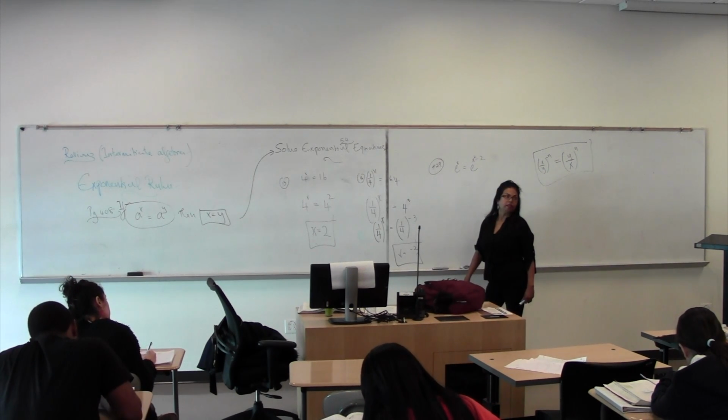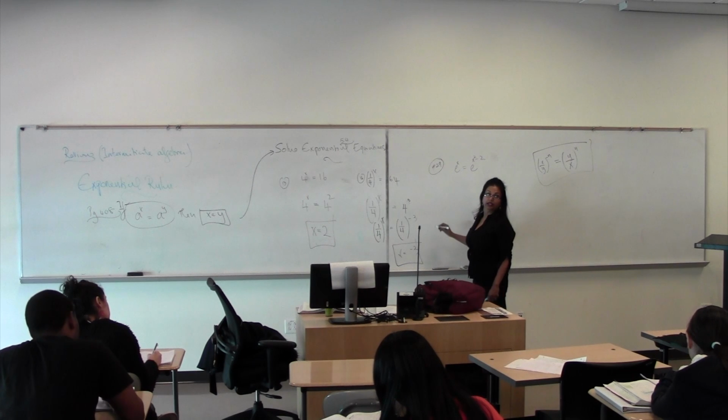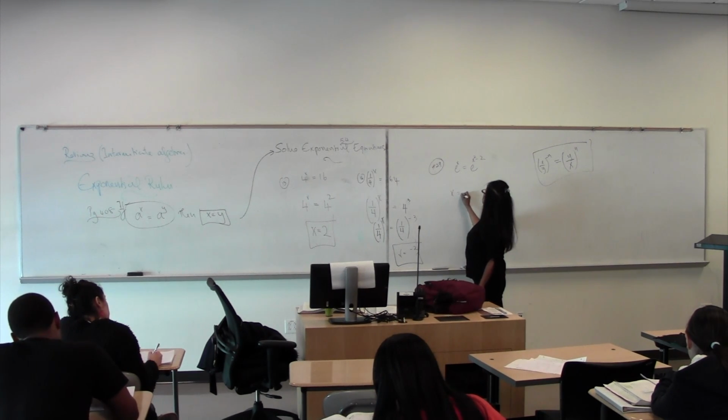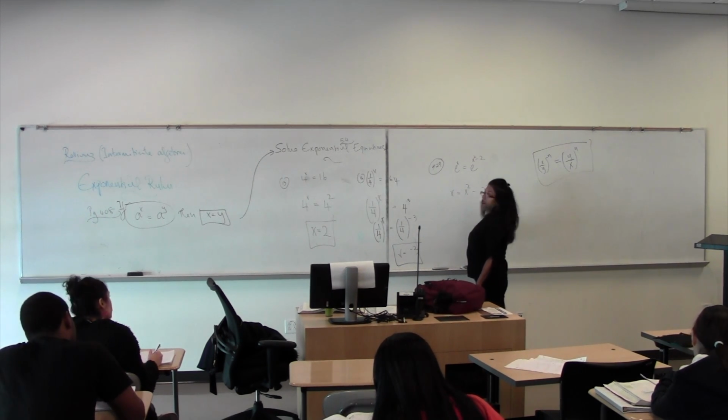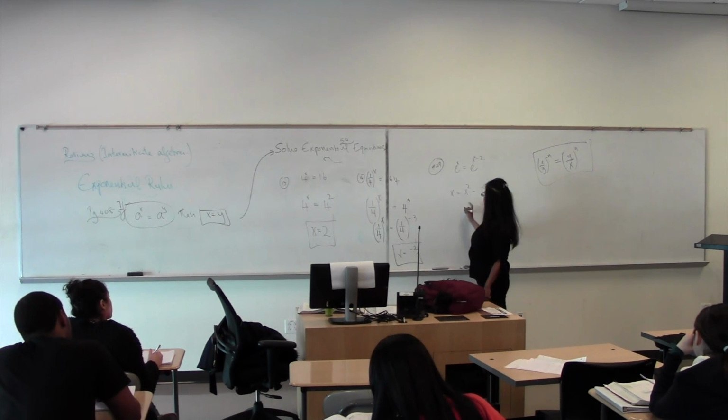Can we use the rule? Yes. What was the rule here? Same base. So what are you going to say? x is equal to x squared minus 2. Do we know how to solve this? Yes, well, how do we solve this?